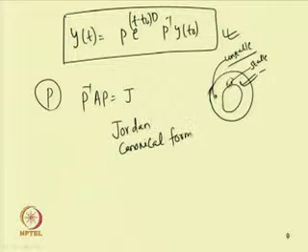So, we can write the system using this Jordan canonical form, where J equals J1 through Jk. Let us assume there are k distinct eigenvalues.